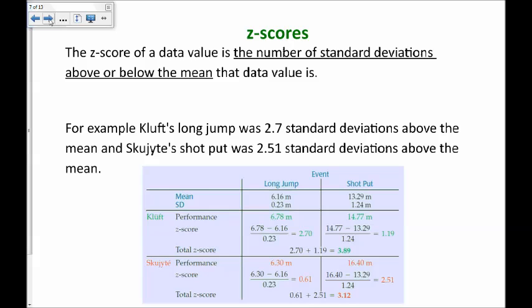So the z-score is the number of standard deviations above or below the mean a data value is. I hope it makes sense that a negative z-score would be below the mean. There's no example here that I could pull from, but that's also true.